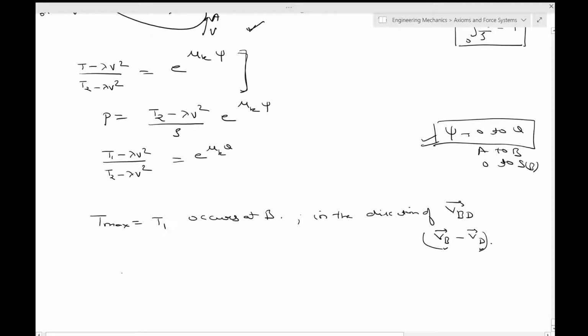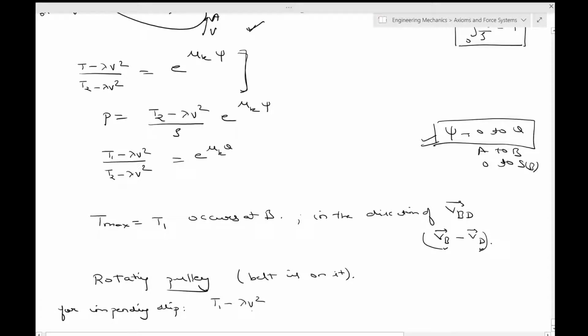Now if you have, say, a rotating pulley, so the belt is on it, then you can have for impending slip T1 minus lambda v square by T2 minus lambda v square is equal to e to the power of mu s theta.